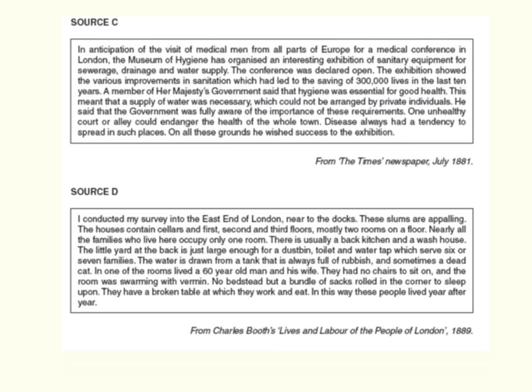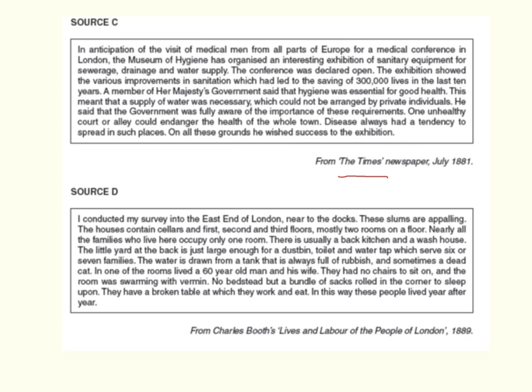Please remember to use your revision books as well to build up your contextual knowledge of this, so don't just use the videos. But when we look in detail at the source, we can see a few things. Source C, and this is really important, is from the Times newspaper. The Times newspaper is predominantly read by quite affluent, quite high-ranking members of society.